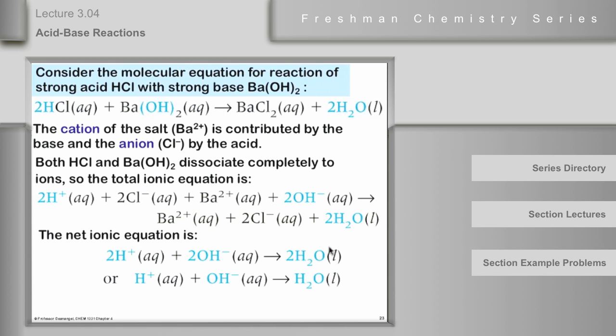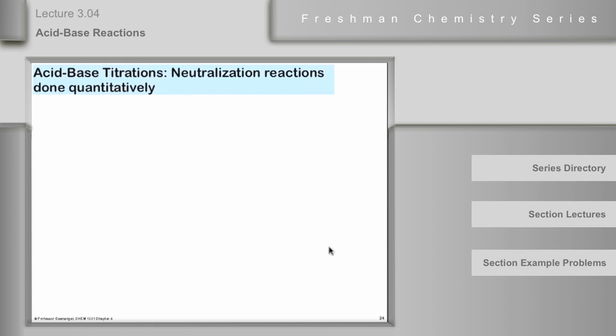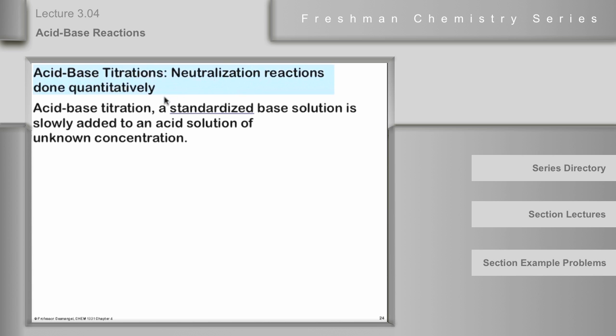But frequently in the laboratory, we encounter a situation where we don't know the concentration of both of those. Maybe we know the concentration of the base, but not the acid, or vice versa. And when that's the case, usually what we have to do is to carry out what's called a titration, which is nothing more than a neutralization reaction carried out quantitatively.